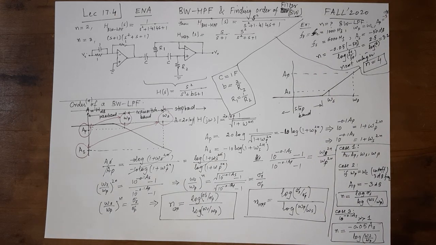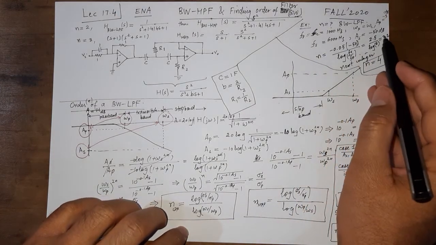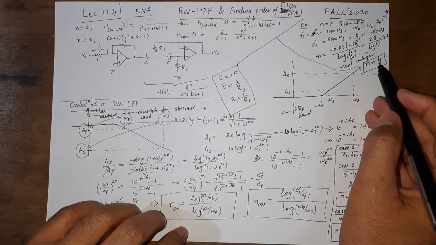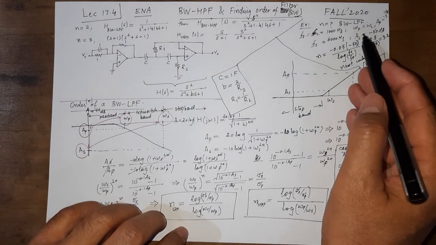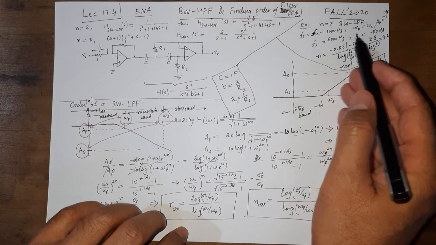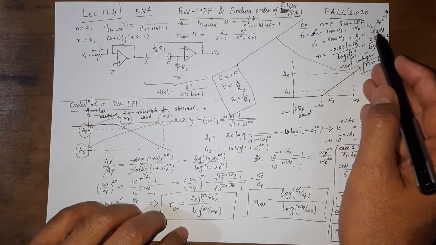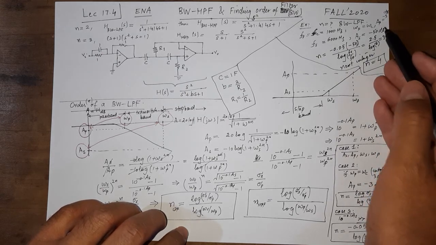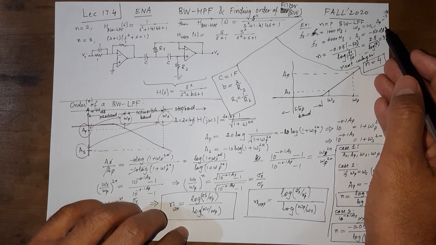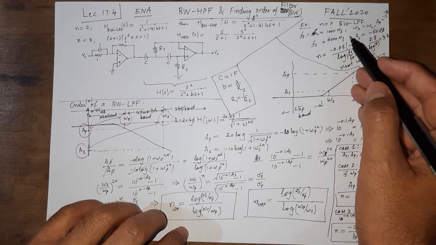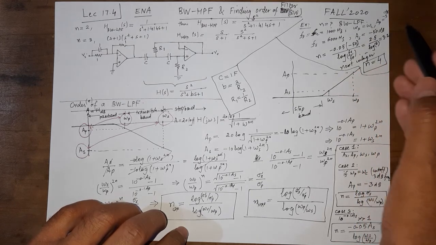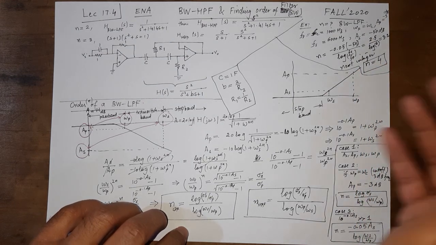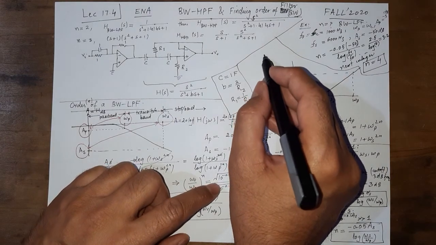So if someone says, okay, here the order was 3.2, but since you have found the order 4, what will actually be the gain at 6000 hertz? Let us try to see if the requirement is covered or not, because the question required a gain of at least this, so it can be greater than this on the negative side. So let us try to find it.